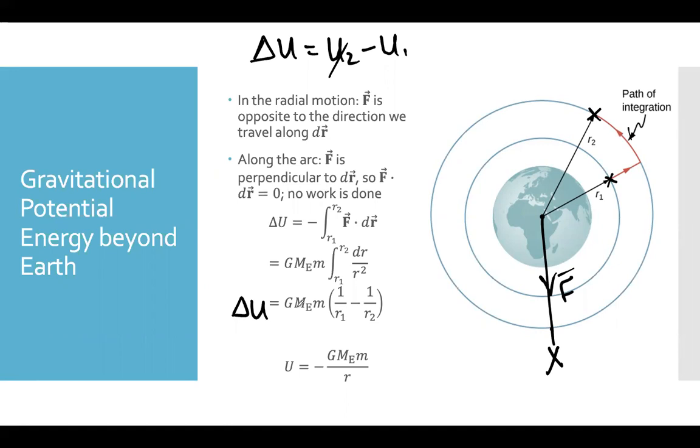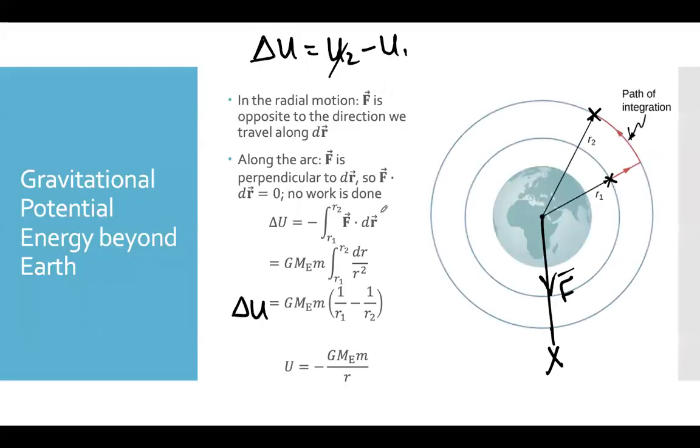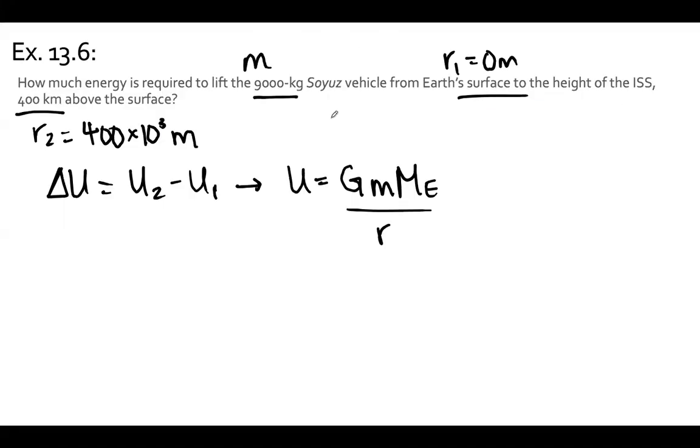So we've got U is equal to negative G M times M sub E over R.